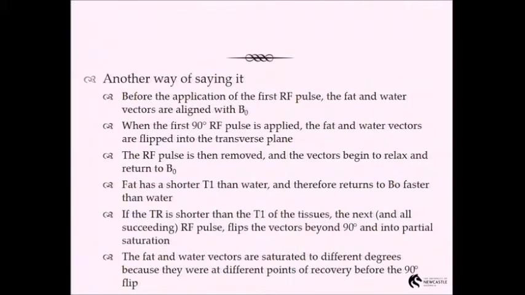You can use it in a couple of instances. It's called inversion recovery. We're not going to talk about it in this lecture; we talk about it in third year. There's two cases. You can selectively suppress the signal from fat, like I showed you in the bone image with the bone bruise. You can use it in the brain when you do what's called FLAIR imaging to look for MS plaques.